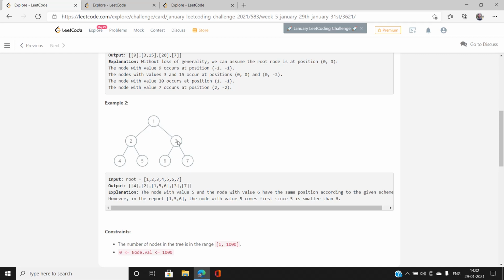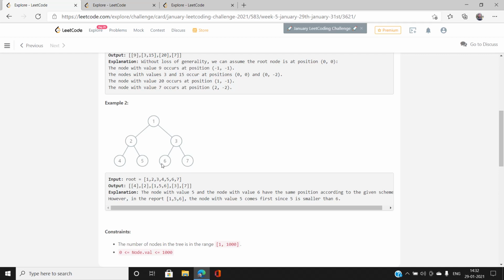Again for 6 we are at 0 comma 2. For now, you just need to remember that for the node with value 6, the coordinates are 0 comma 2.